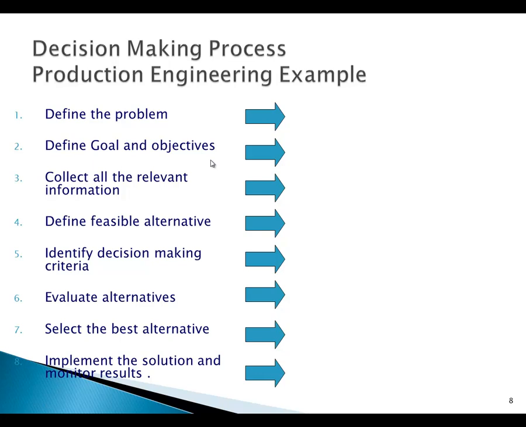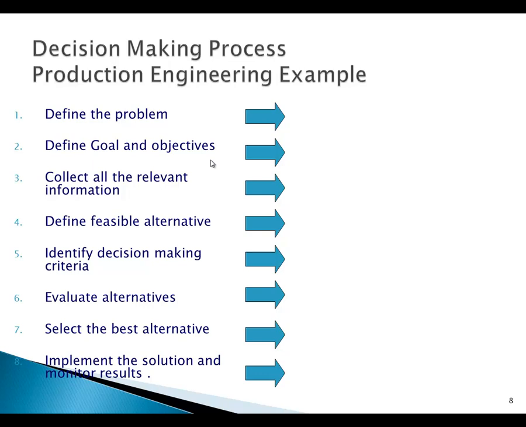Let's take an example. This is a decision-making process for a production engineering example, and the problem that we have, or has been defined, is that the milling machine has stopped working. So the goal and objective is to replace that machine as soon as possible.